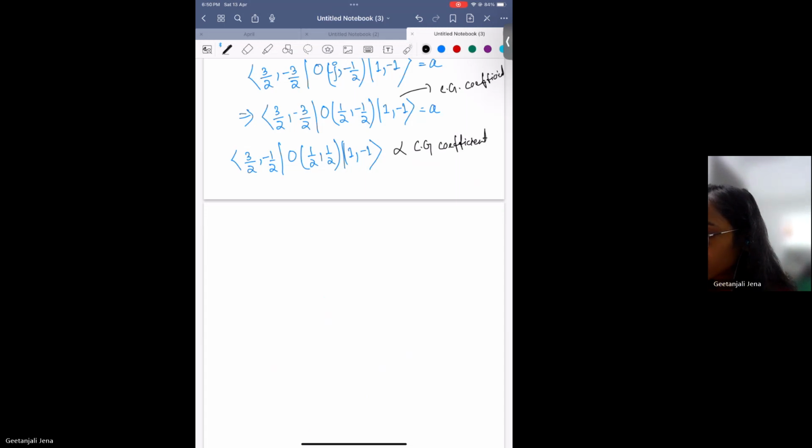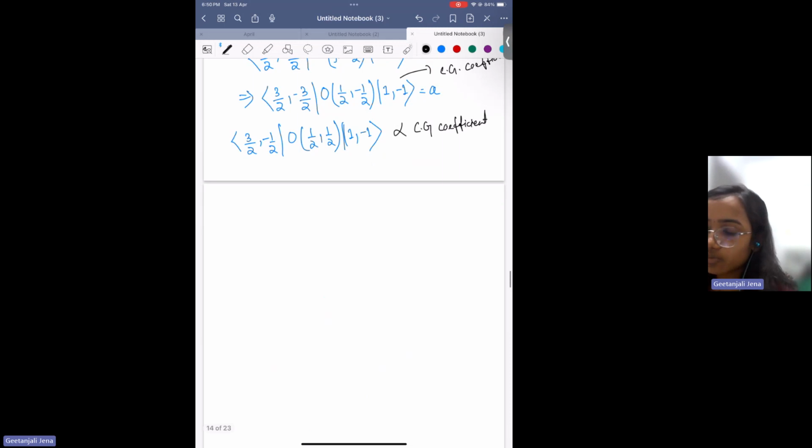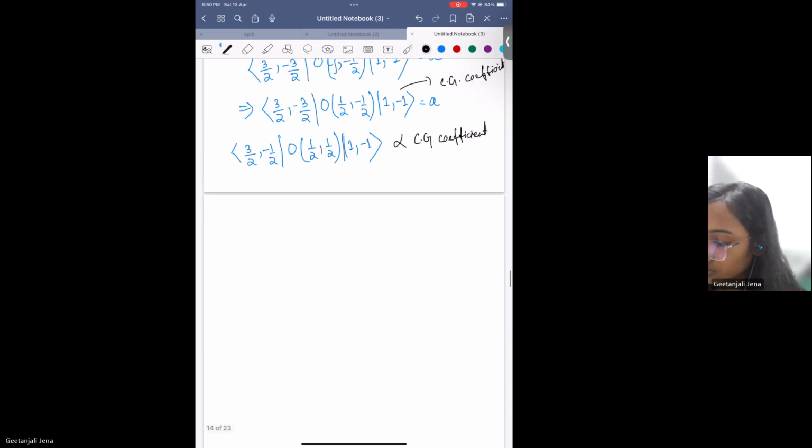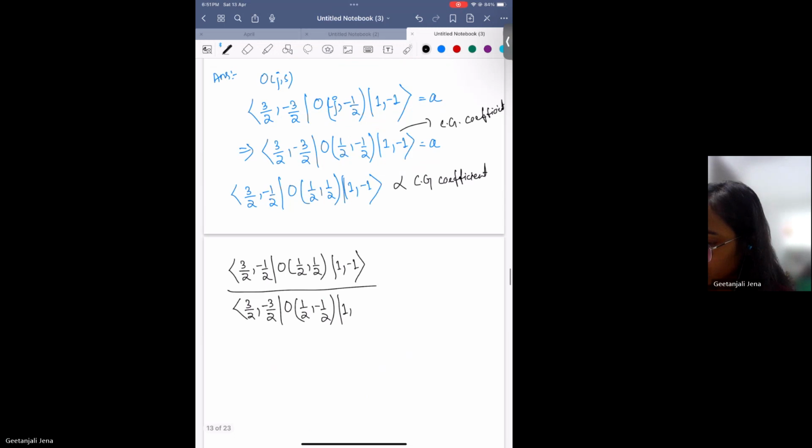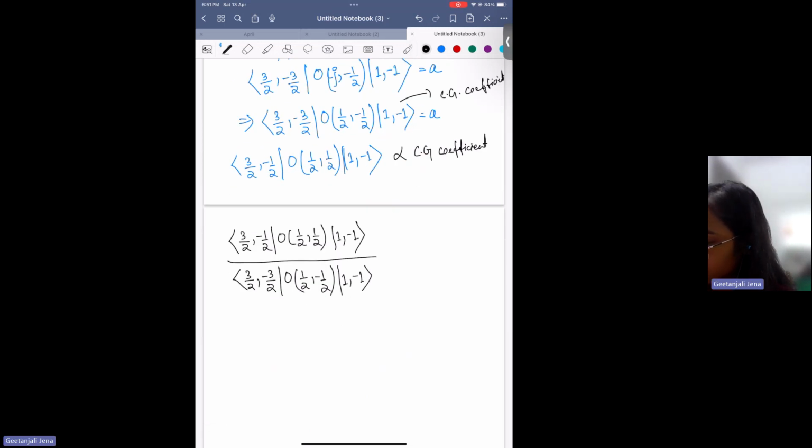So you just have to divide so that the constant term will cancel out. So we have to evaluate 3 by 2 minus half, O half half, 1 minus 1, and this is given to you: 3 by 2 minus 3 by 2, O half minus half, 1 and minus 1, which is A.